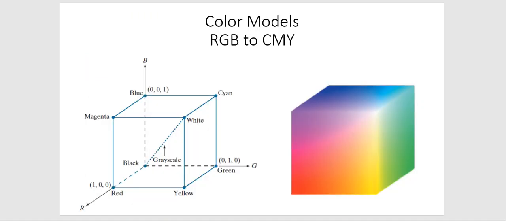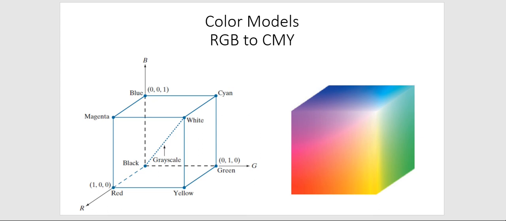So let's look at certain color models. The red, green, and blue model, or the RGB model, is represented on a Cartesian axis. On the horizontal axis, we have green.